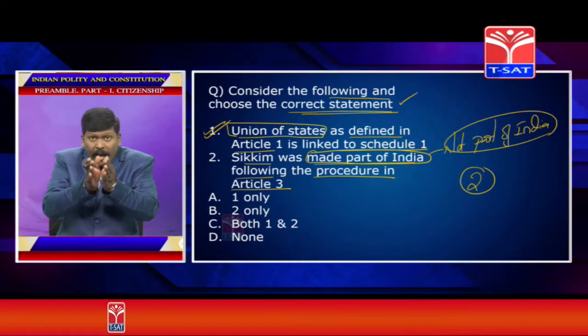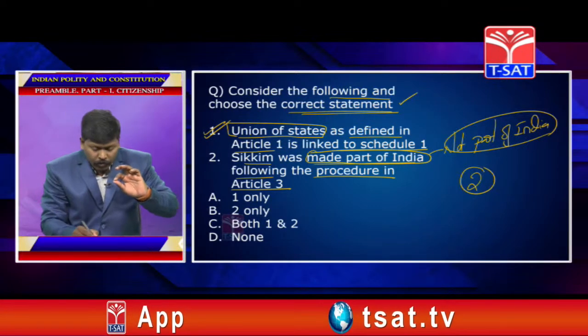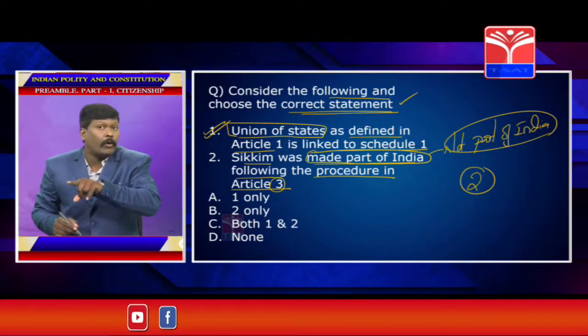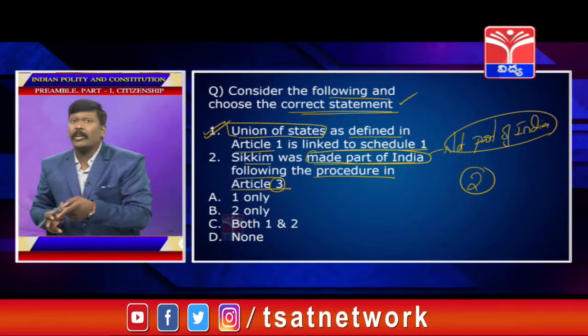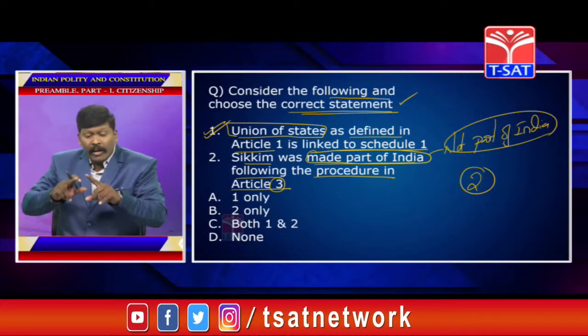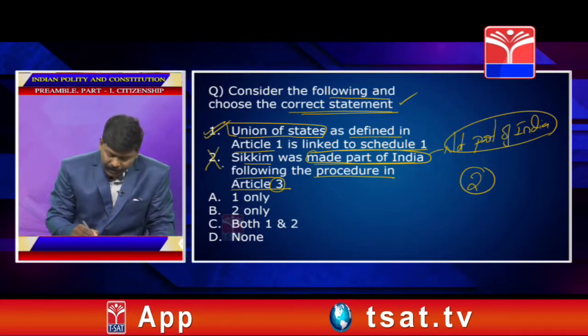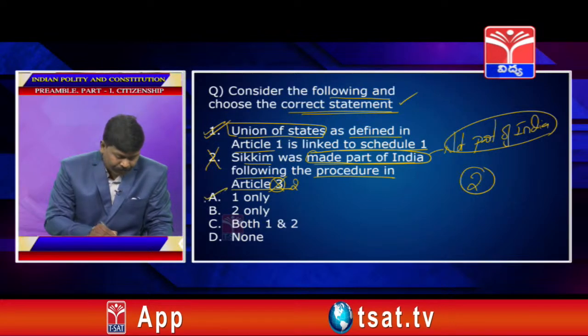If you want to reorganize Sikkim, or change the name of Sikkim, you go with Article 3. So, Article 3 talks about those states which are already part of India. Article 2 talks about those states which are not part of India. So, this is wrong. It should be Article 2 here. So, the answer is A.